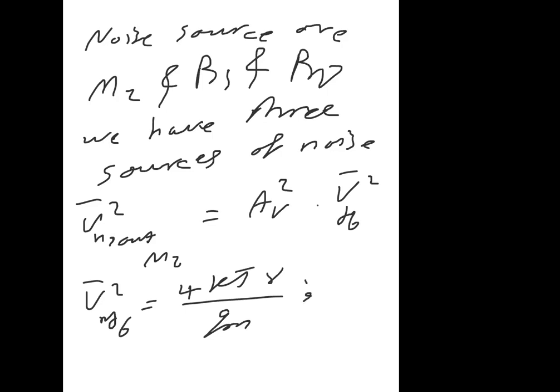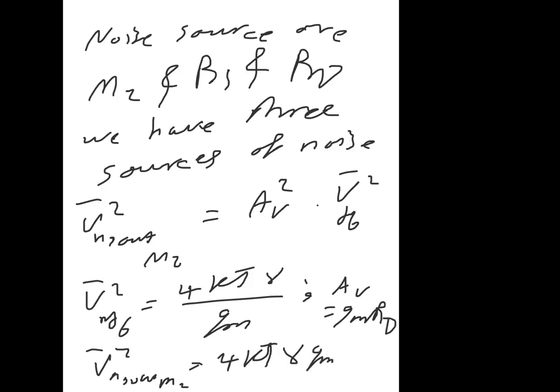The AV, as you know, is GM times R of D. So the V noise output of M2 is given as 4KT lambda GM squared times RD squared. Okay, this is for the first source.